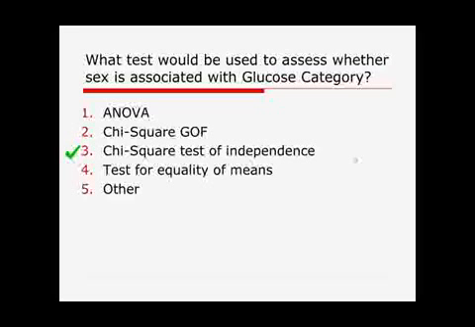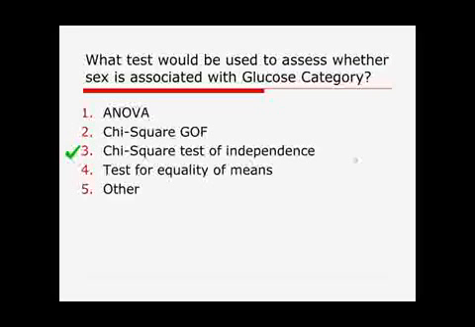Why not goodness of fit? Someone asked me that. Sorry, I missed that a minute ago. There's the chi-square test of independence and the chi-square goodness of fit. Chi-square goodness of fit is used when you have only one study group and you're comparing against an external distribution. Here we're comparing men and women on the glucose category.